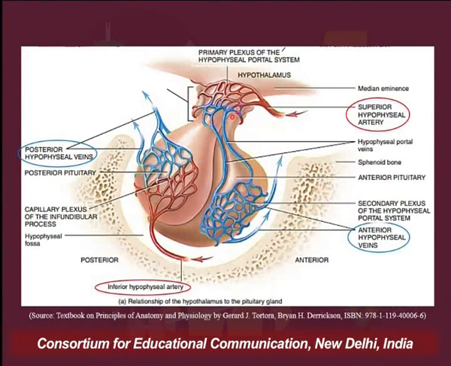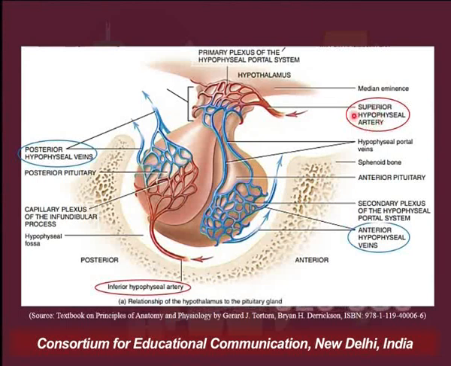Here you can see that this region is what is referred to as the median eminence. This median eminence lies at the base of the hypothalamus, where the primary plexus, or the primary network, gets formed by the blood vessels. Here you can see that it is the primary plexus of the hypophyseal portal system.